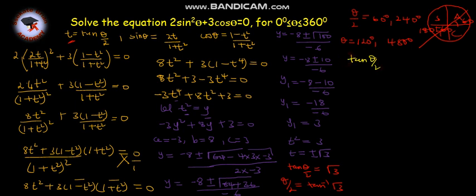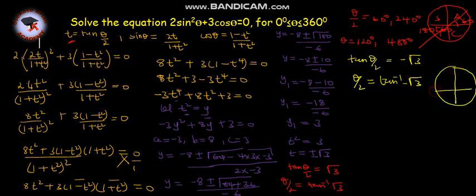Now also we note that tan of theta over 2 is equal to negative root 3. Therefore theta over 2 is equal to arctan of negative root 3. So we shall find a region where tan is negative. Everything here is positive, then here is negative, and here is negative, meaning that it was in this fourth quadrant where we found negative 60, and also in this region.